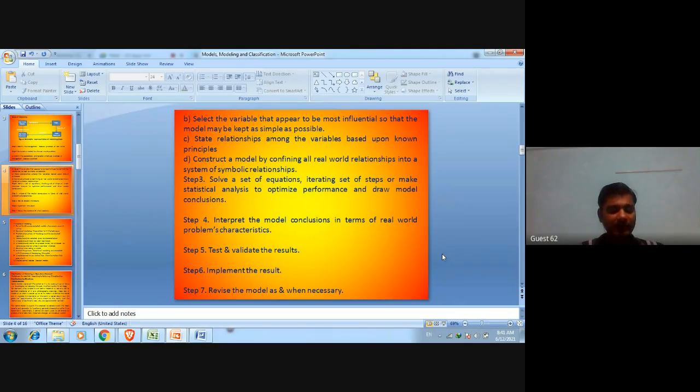Actually the factors can change as time changes or the situation changes. So you have to maintain control over your model. Okay, so these are some of the steps involved in modeling.